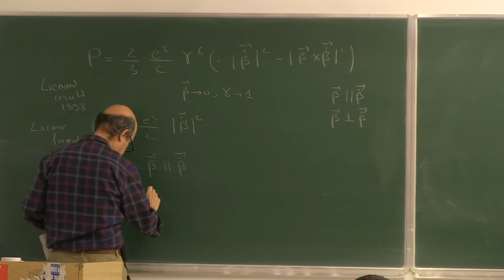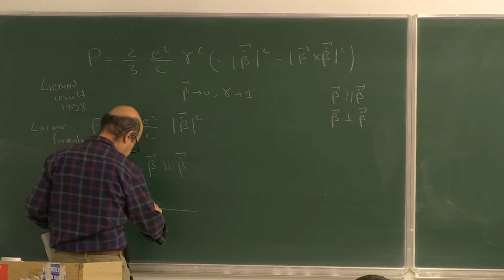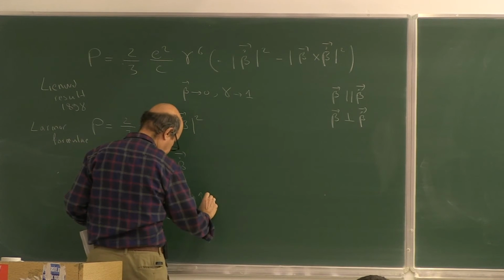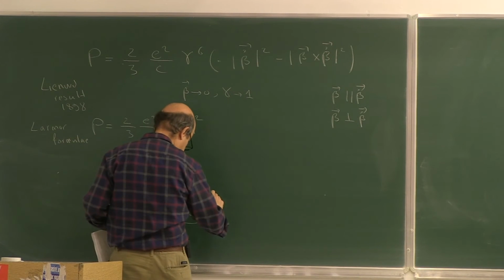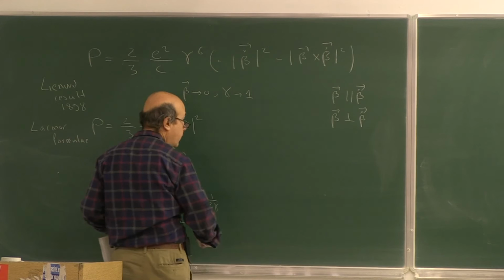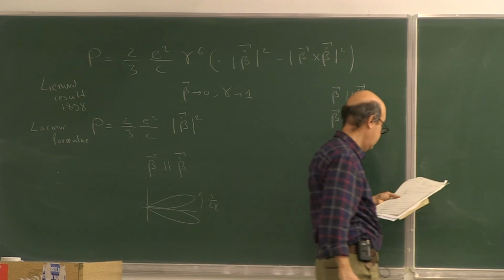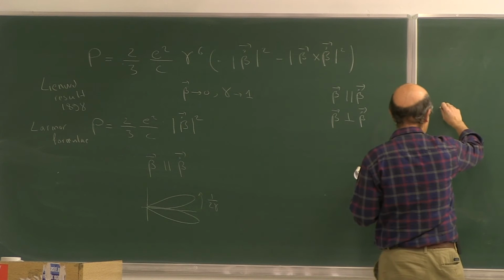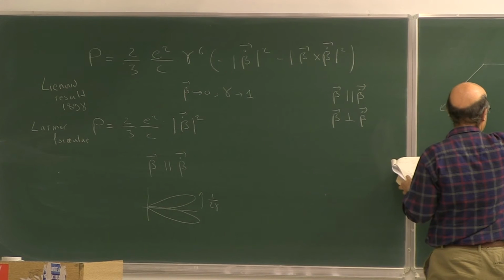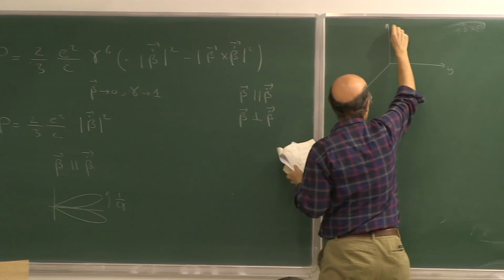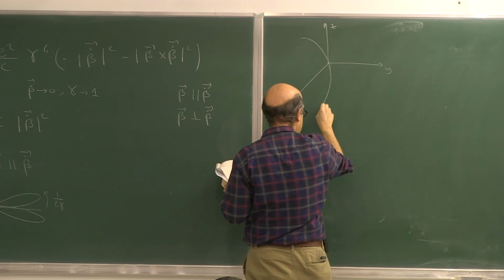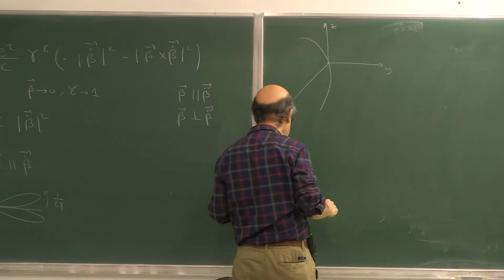I have shown you that the radiation pattern is something like this, with 1 over 2 gamma being the angular distribution, and the case for circular motion is the following. Let's say this is x, y, and z, and let us have the circularly moving charge, with a radius of curvature at any instant.